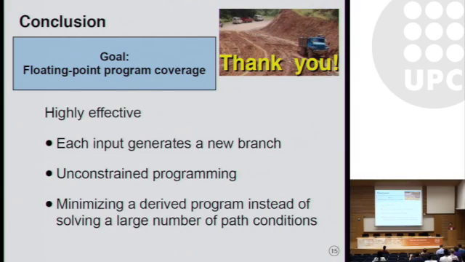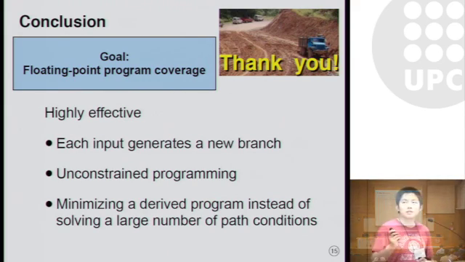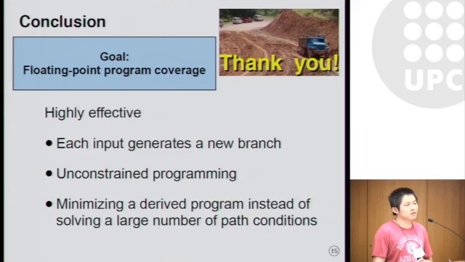Okay, I think the question is about the loops. In this criterion, I think loops don't matter because in a loop, every predicate also covers two branches. We are working with branch coverage, so in my opinion, loops won't matter.